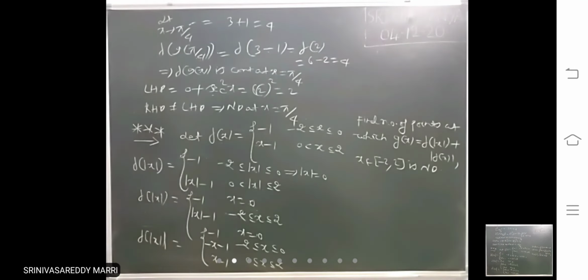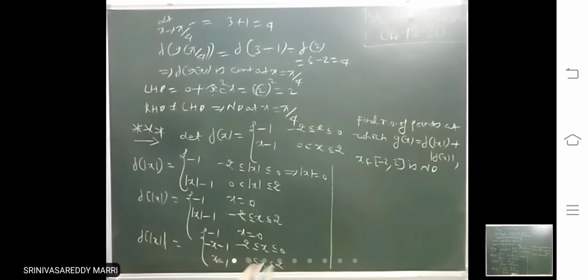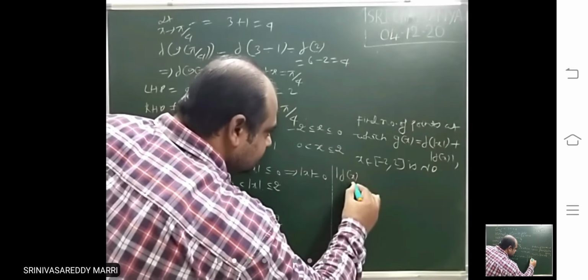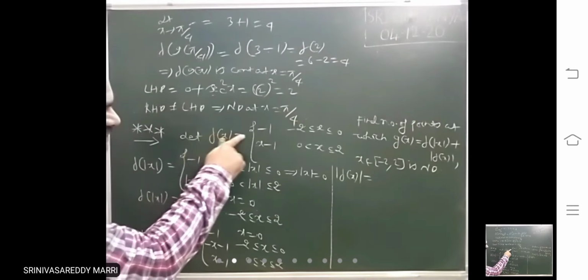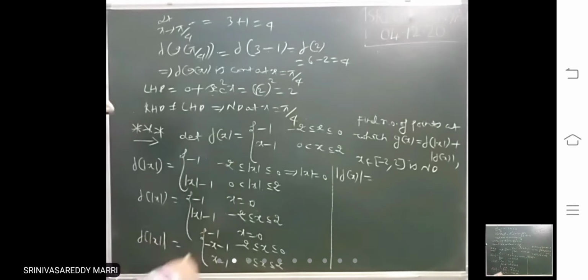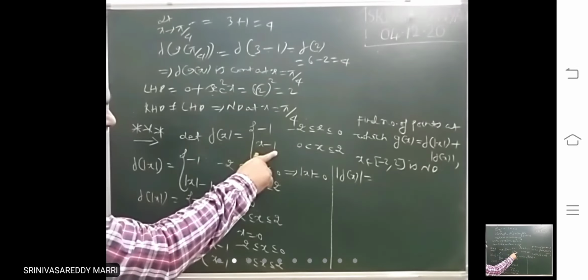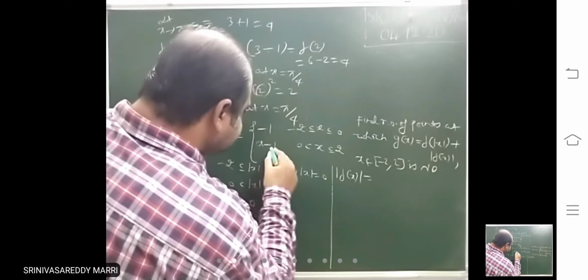Right. Next we will calculate what is modulus f of x. Look at it. Modulus f of x means, if f of x equals minus 1, modulus f of x is modulus of minus 1. If f of x equals x minus 1, modulus f of x is modulus of x minus 1.